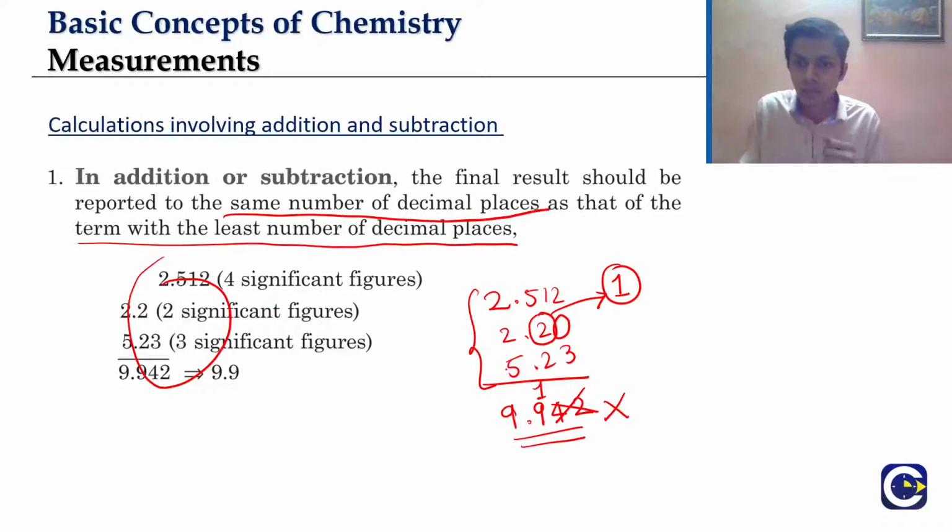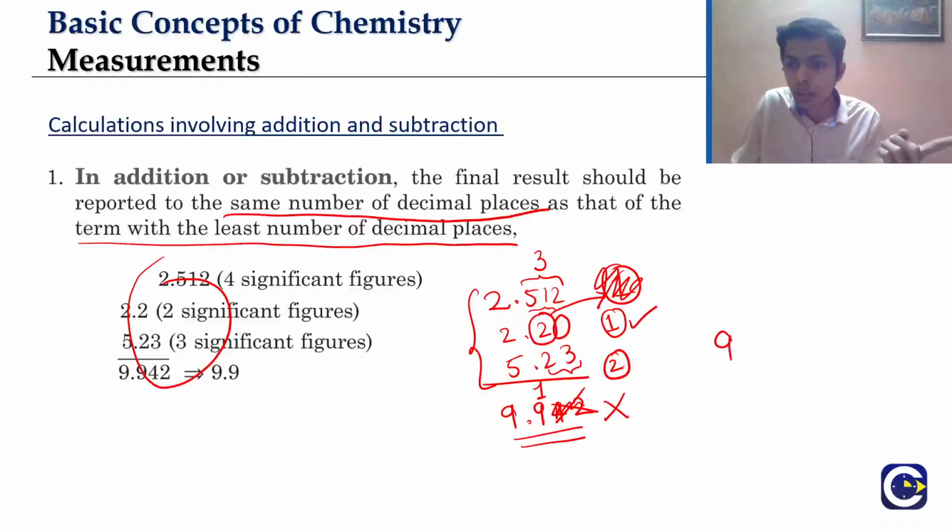Clear? In this case, 2.512 has 3 digits to the right of the decimal point, 2.2 has 1 digit, and 5.23 has 2 digits. So when you give the answer, you should choose the least among these three, that is 1. The 9.942 you should not just ignore, you should round it off.